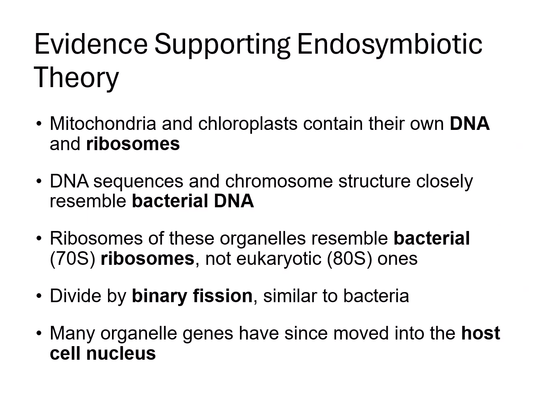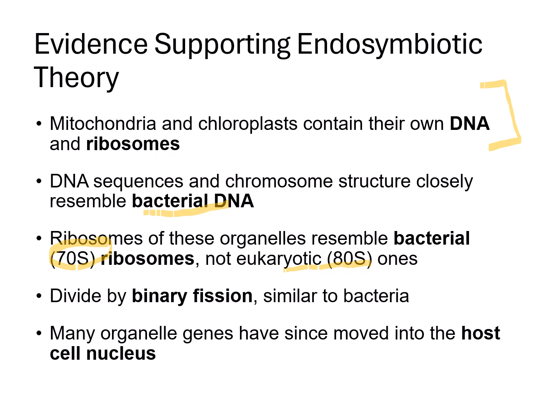Key evidence for endosymbiosis includes that mitochondria and chloroplasts have traits similar to bacteria. The evidence is pretty strong. Both have their own DNA and ribosomes, and their DNA is very similar to bacterial DNA. Their ribosomes are like bacterial ribosomes, with a protein and rRNA makeup closer to bacterial ribosomes rather than eukaryotic ribosomes, which are different.